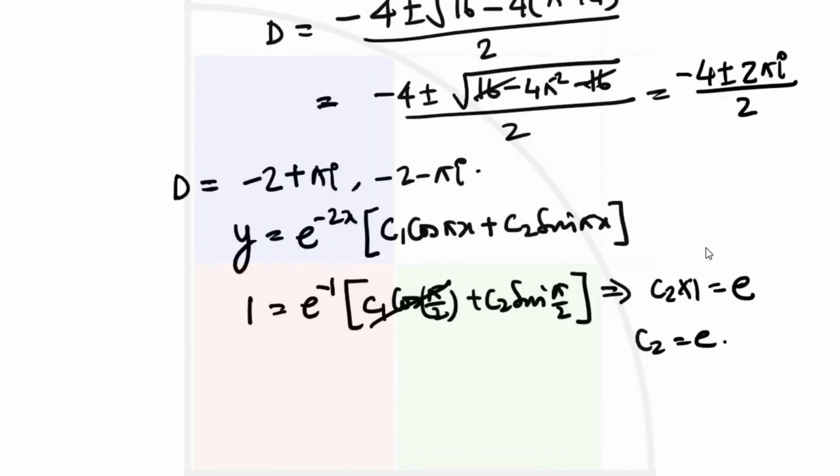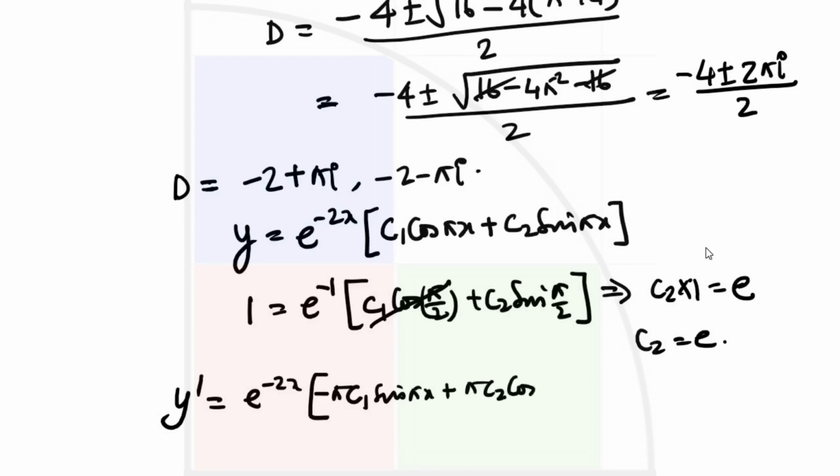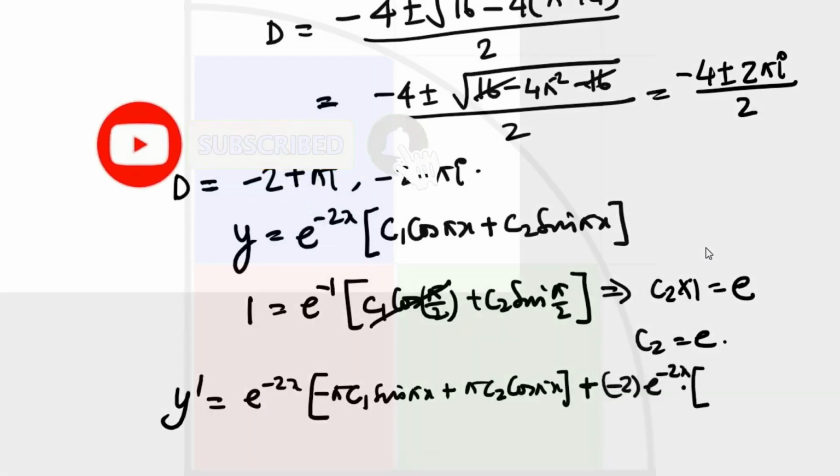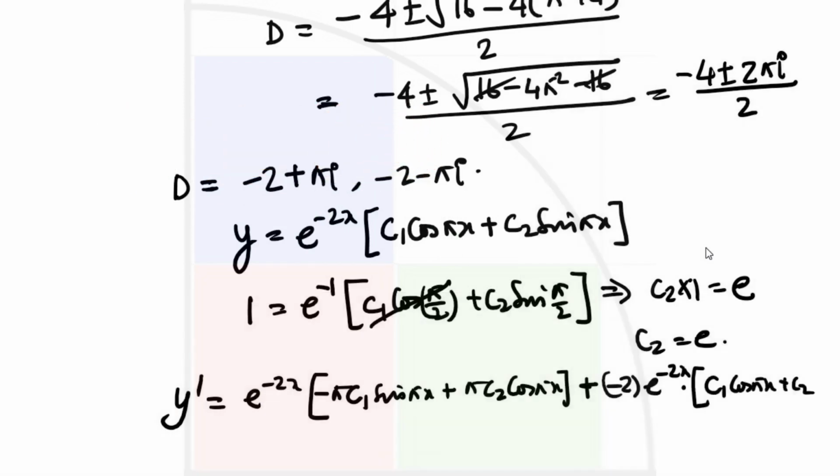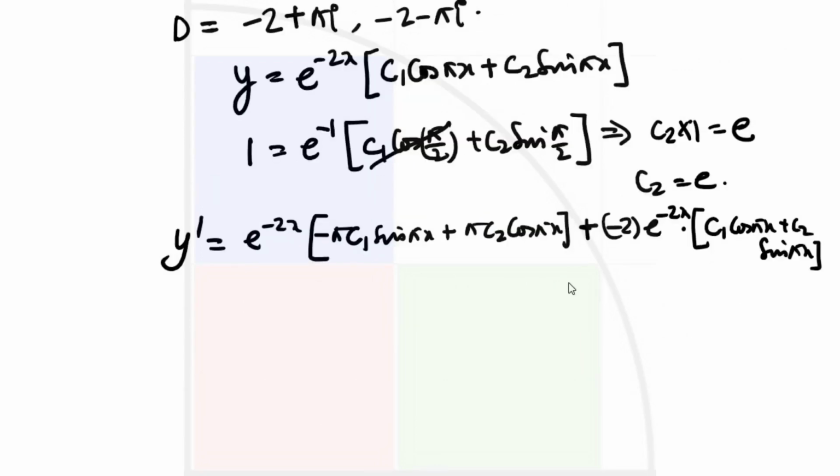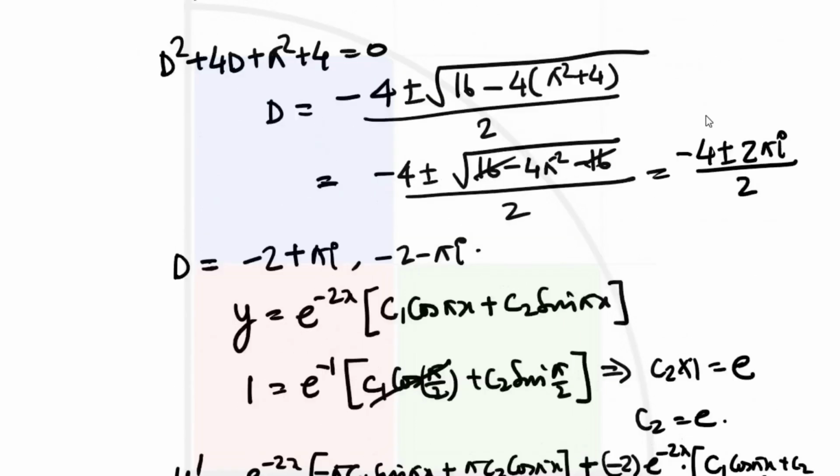So y prime is equal to e to the power minus 2x times (pi c minus pi c1 sin pi x plus pi c2 cos pi x), plus minus 2e to the power minus 2x times (c1 cos pi x plus c2 sin pi x). Now this is minus 2 at x is equal to half.